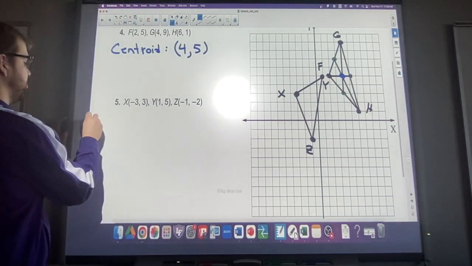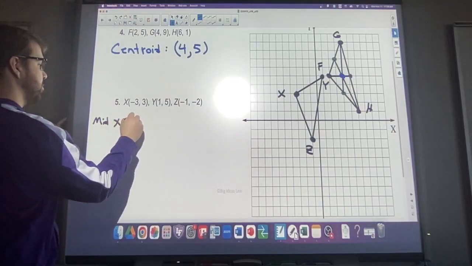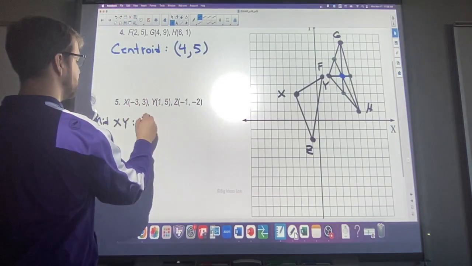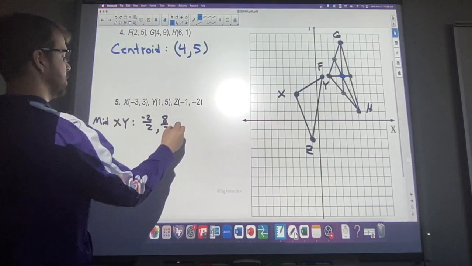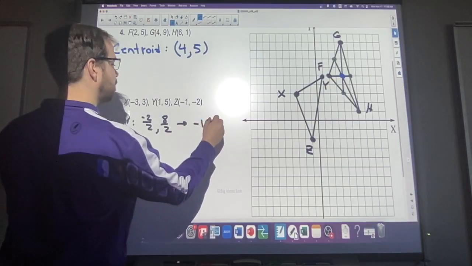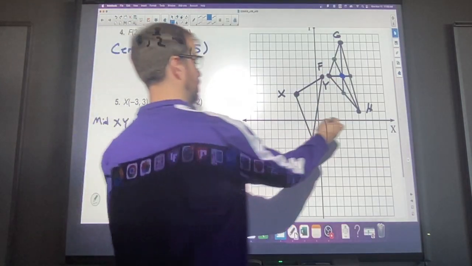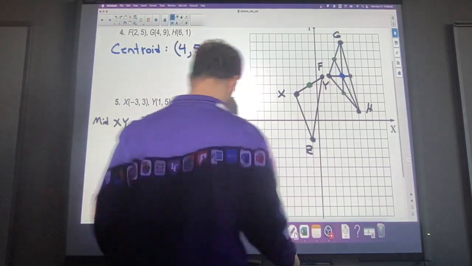So if I do the midpoint, and I'll actually label this time, so mid of XY. That's going to be negative 3 and 1 is negative 2 over 2 and 8 over 2. So that's just going to be negative 1, 4. Plot that on there, make sure it matches up. Negative 1, 4. Good, so that one gives me a whole number.